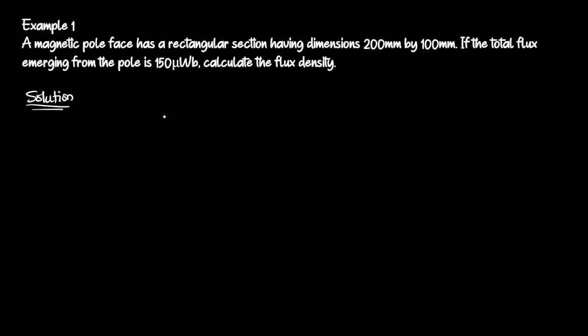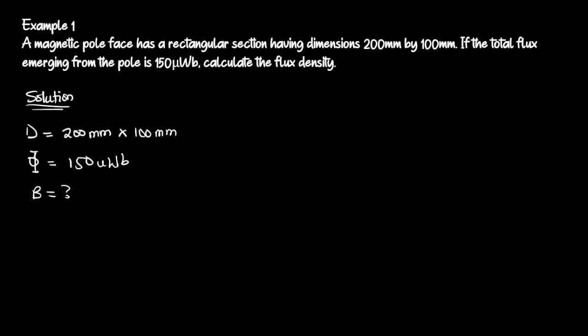Okay, so we are saying that a magnetic pole has a rectangular face with the dimension of 200 millimeters by 100 millimeters. So if the total flux emerging, phi, is 150 microweber, we are to calculate the flux density, which is B, and that is what we don't know.